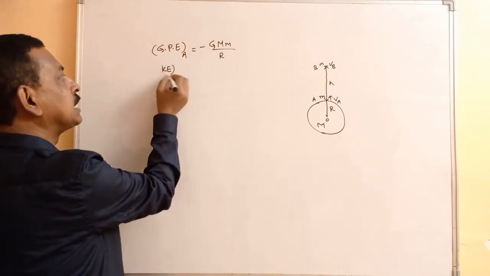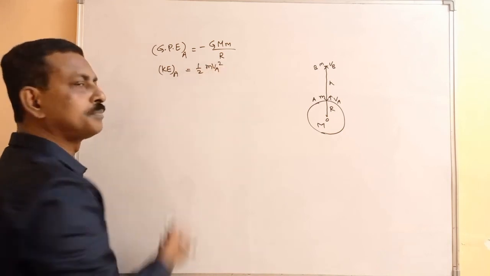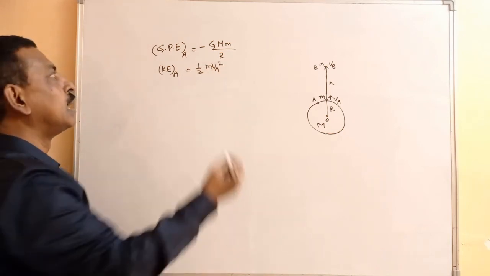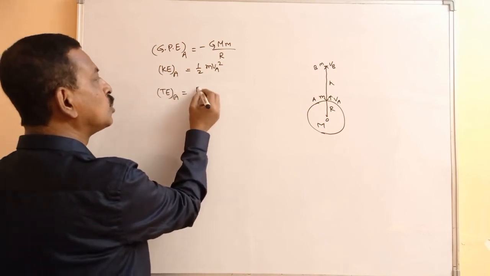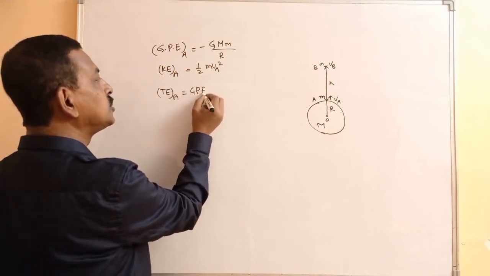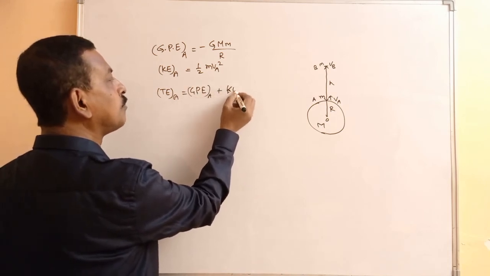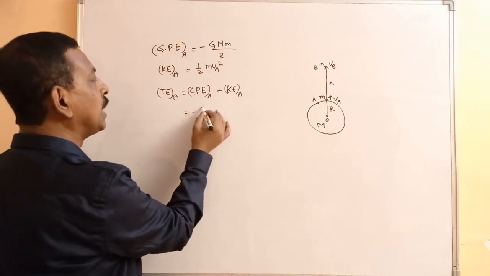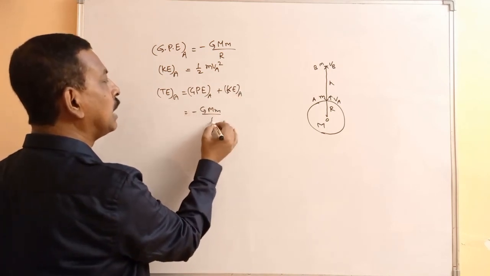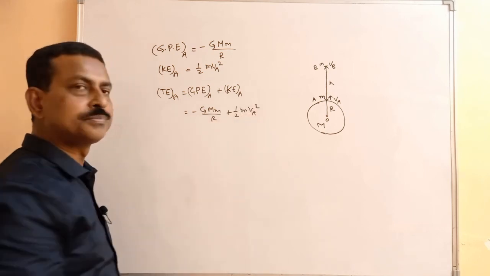Kinetic energy at A is half m va square. So total energy at A is gravitational potential energy at A plus kinetic energy at A. So this is minus GMm by r plus half m va square.